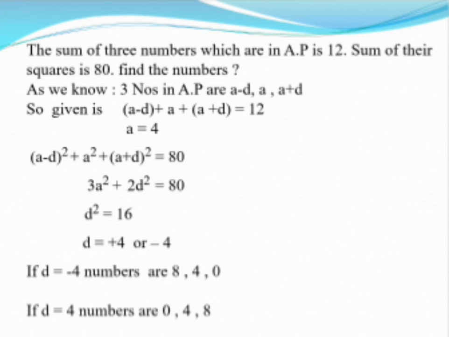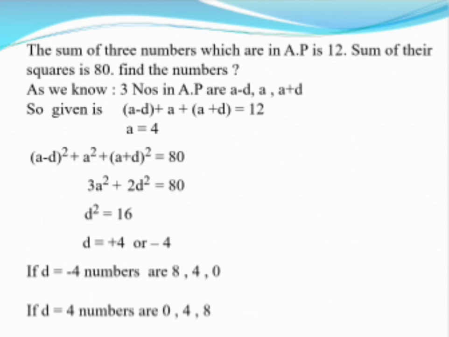If we put d equals minus 4 in the above numbers, that is a minus d, a and a plus d, we get the numbers as 8, 4 and 0. And if we put d equals 4, we get the numbers as 0, 4, 8. This means when the common difference is plus or minus, the numbers only get reversed, they don't change.